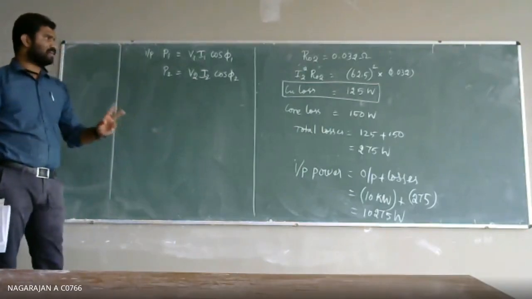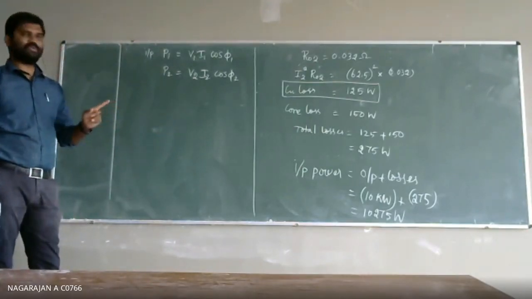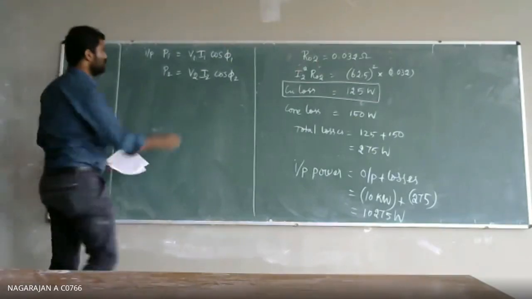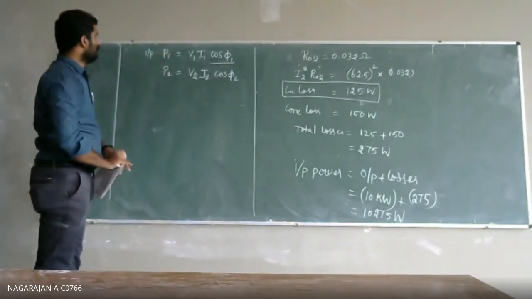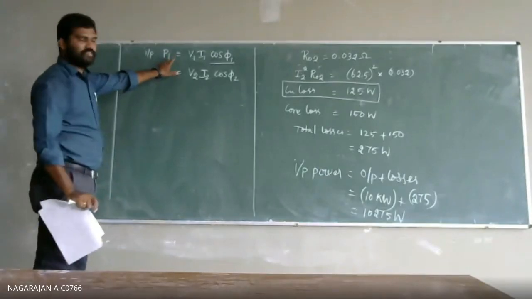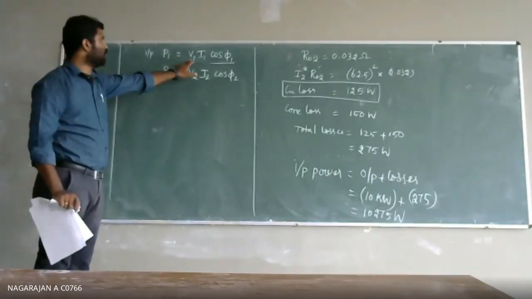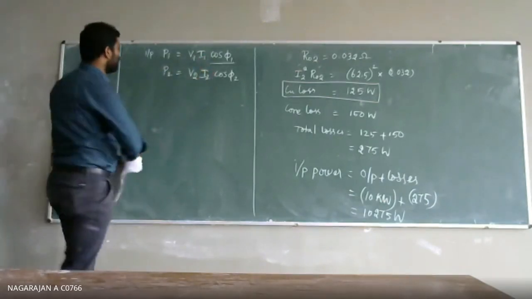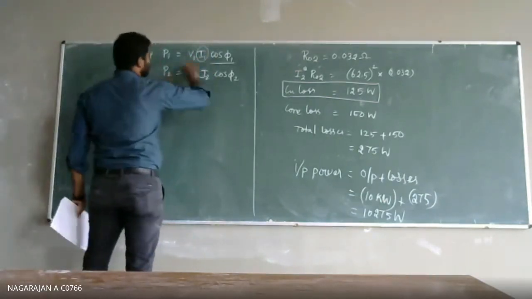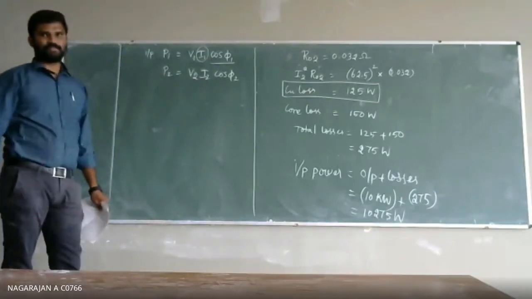Second part of this problem is we have to find out the input power factor, which is cos phi 1. This is the value we need to find out. In this equation, we know the value of input power, we know the value of voltage, and this is the only missing data. If you know this I1 value, we can find out cos phi 1.